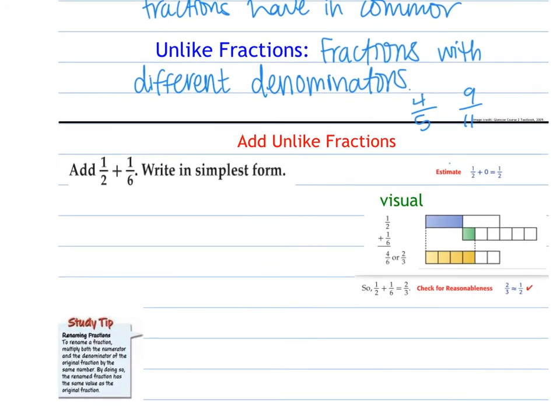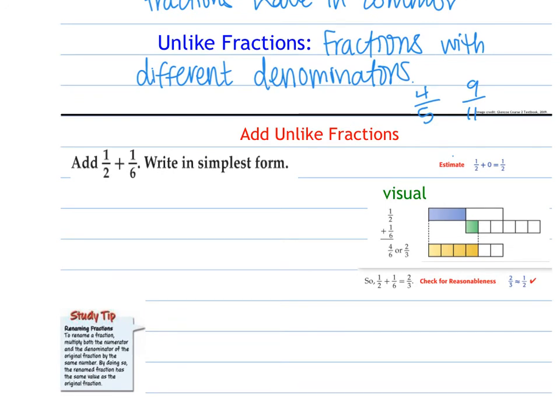So here we are adding fractions, and they have different denominators, so 1/2 and 1/6. What I need to do is rewrite these fractions so that they have a common denominator between 2 and 6. So I need to find a number that they can both multiply into. And if you find the least common denominator, then it makes your simplifying at the end easier. I know 2 and 6 can both multiply into 6.